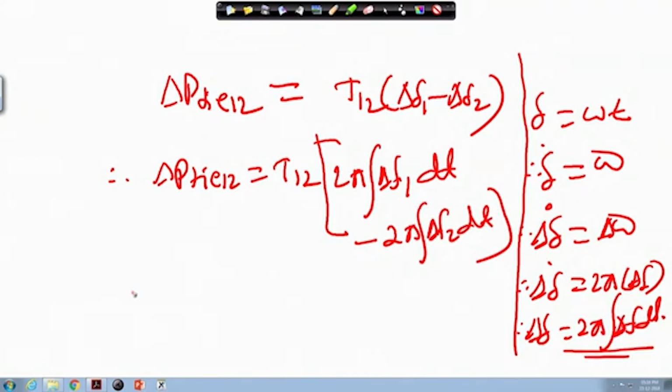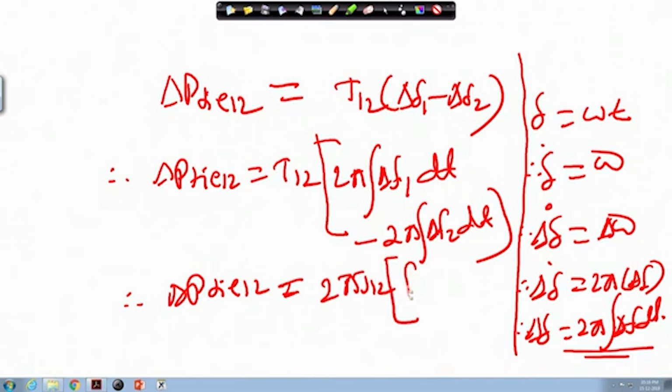That means delta P_tie12 is equal to 2π T12 times the integral of delta f1 dt minus the integral of delta f2 dt, right.